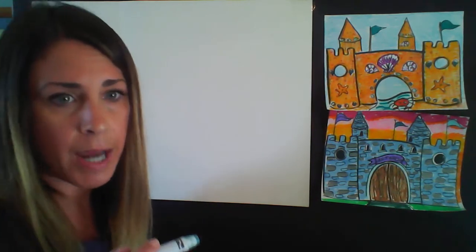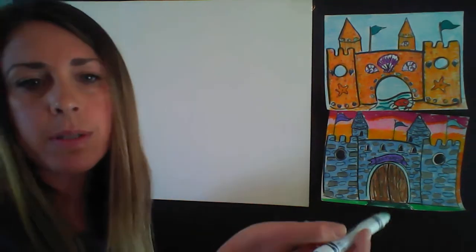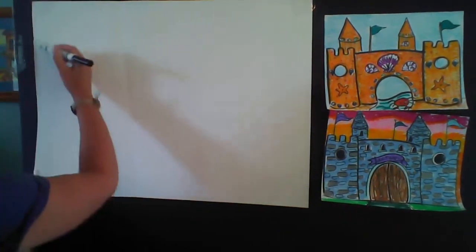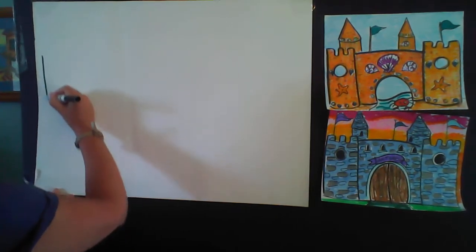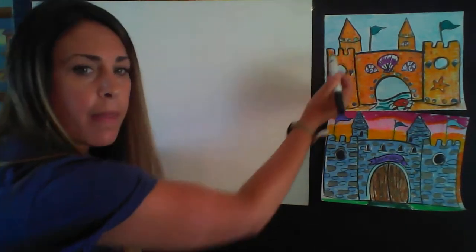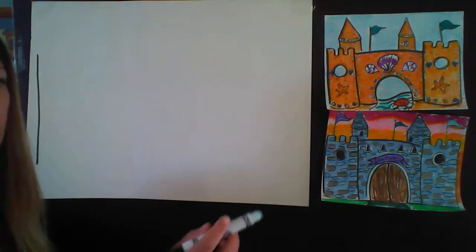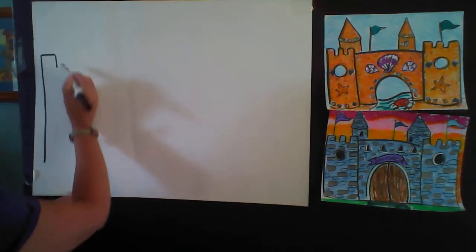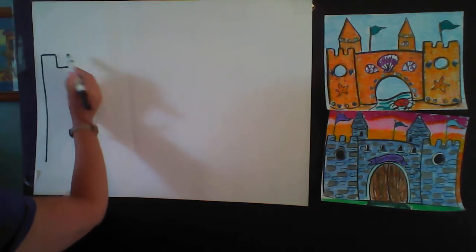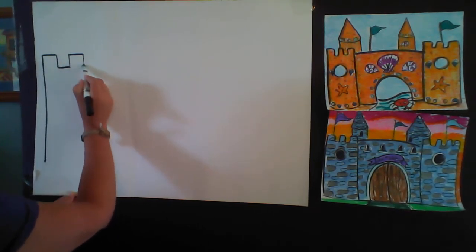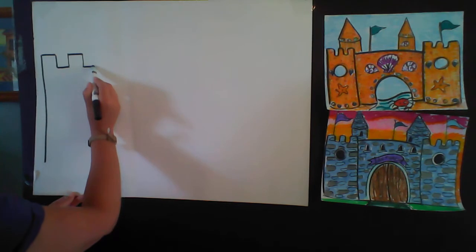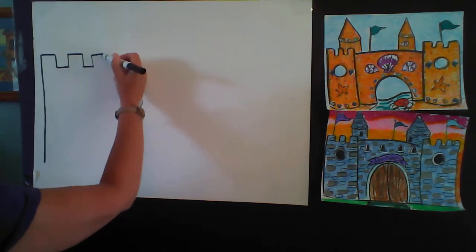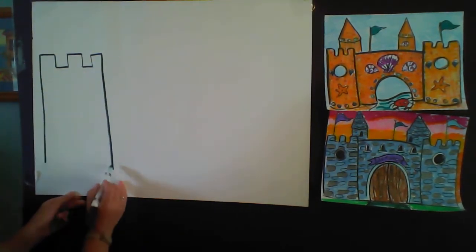So let's start with our towers. We're going to draw them with some simple lines. I'm going to do a vertical line down, and then this castle bumpy line. So it goes across and down, across and up, across and down, across and up, across and down.